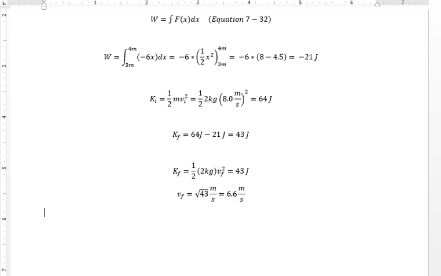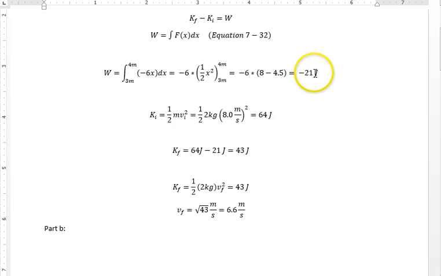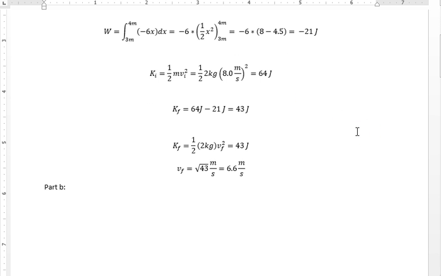Now, part B. Part B is, at what positive value of x will the body have a velocity of 5 meters per second? Alright, part B, we're working the problem just the other way around. We have a new K final.